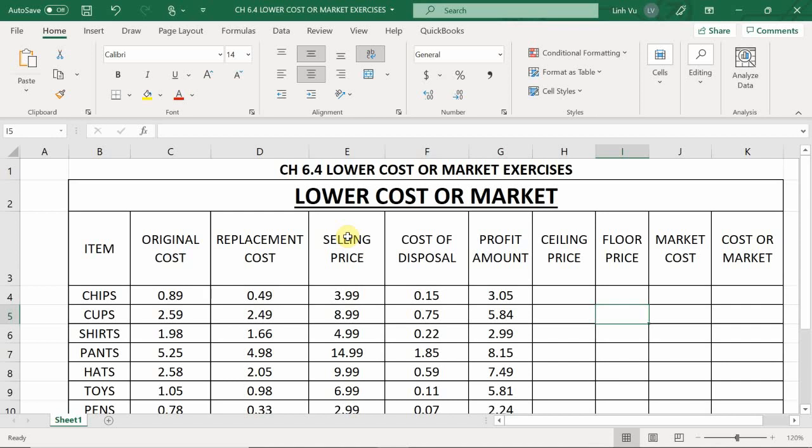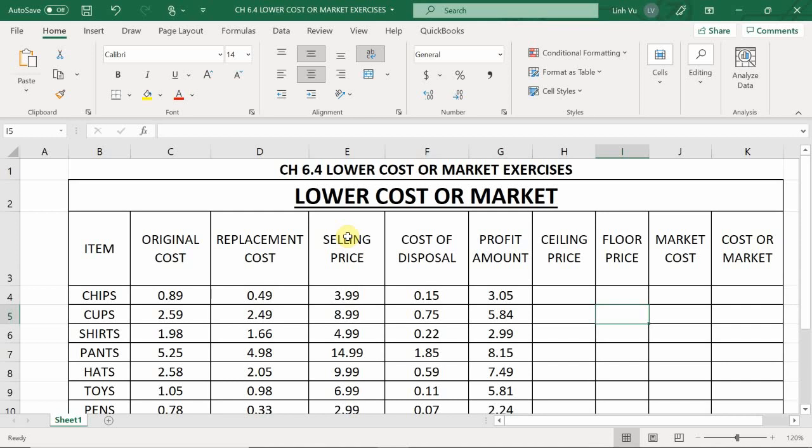They don't produce it anymore, so now it dropped in value to 49 cents. When we sell it in our store, we sell it at $3.99. To dispose of all the chip bags is going to cost me 15 cents per bag. And I want an amount of profit of $3.05 out of it.